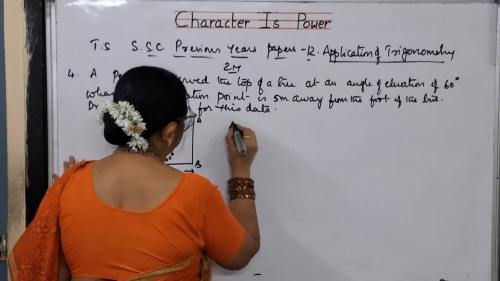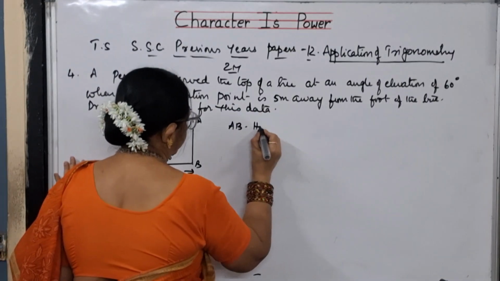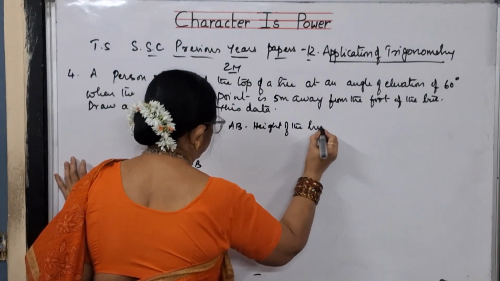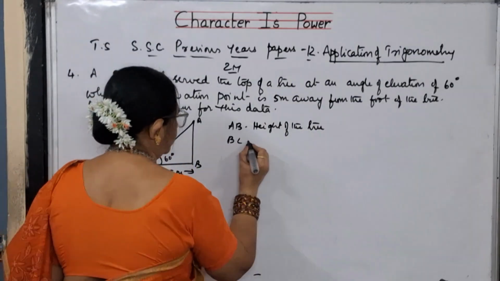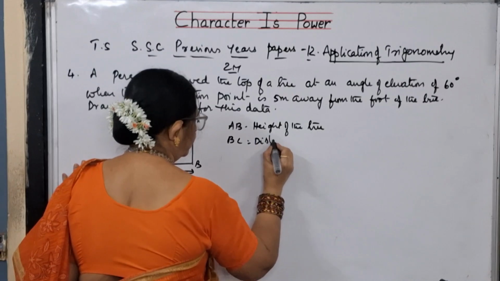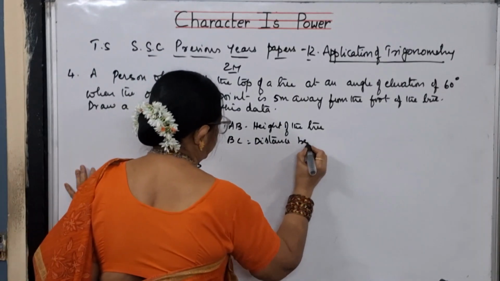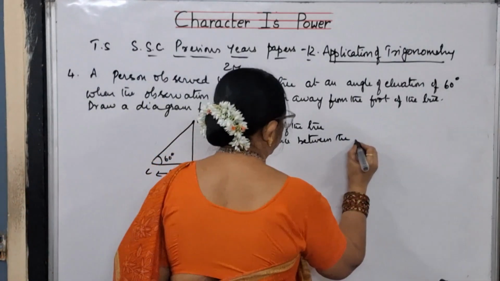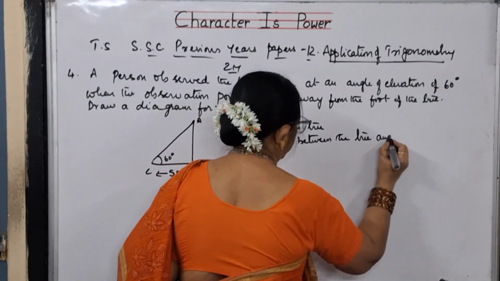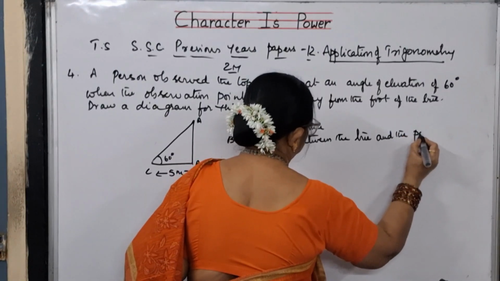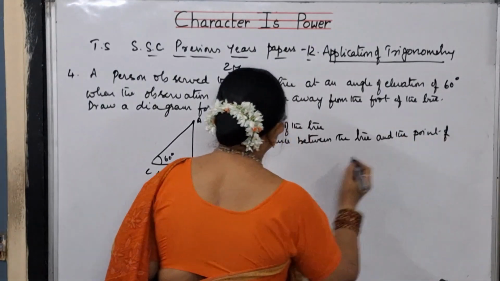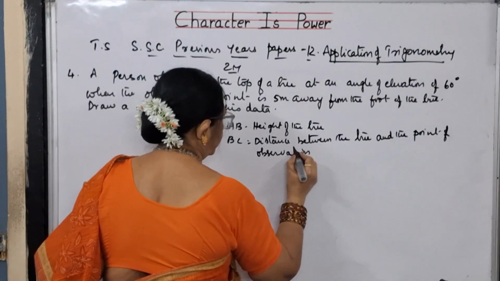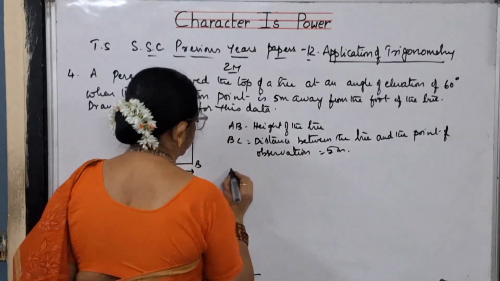So you need to write what each indicates. AB is the height of the tree and BC is the distance between the tree and the point of observation, which is nothing but 5 meters.